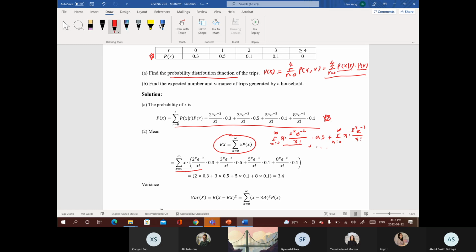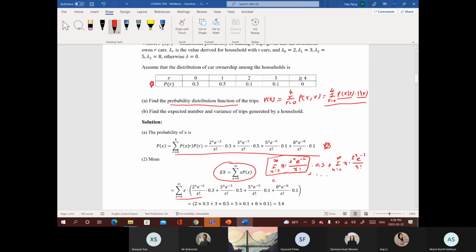You can see that this part is just the expected value of the Poisson distribution with lambda equal to 2.